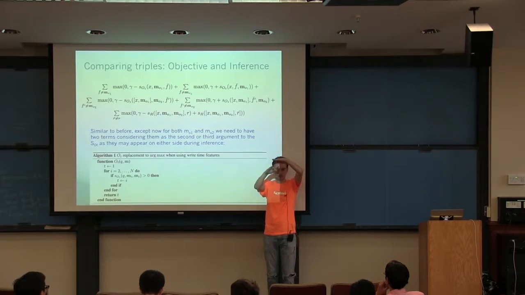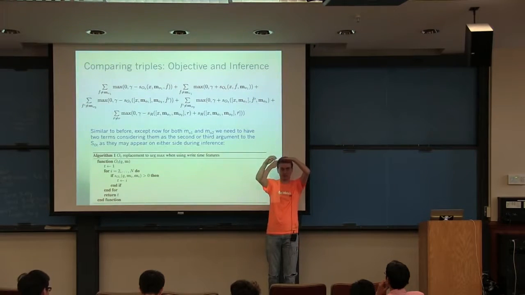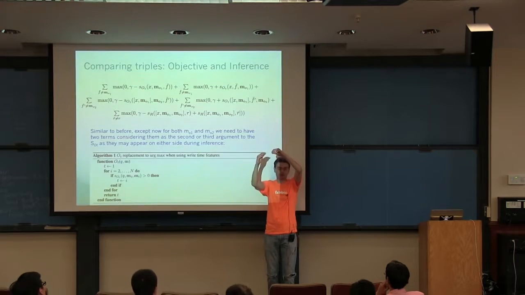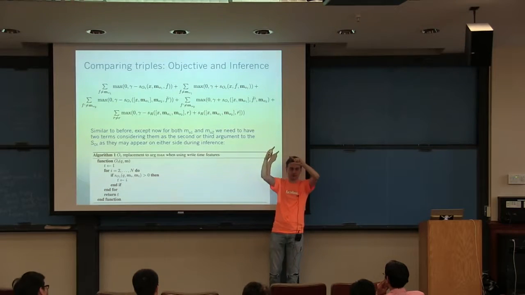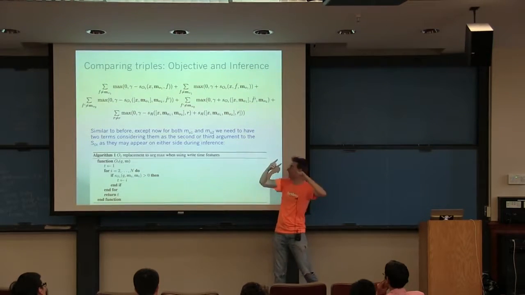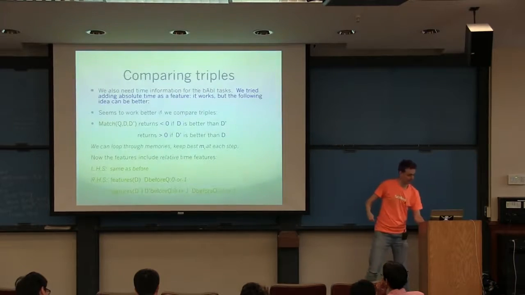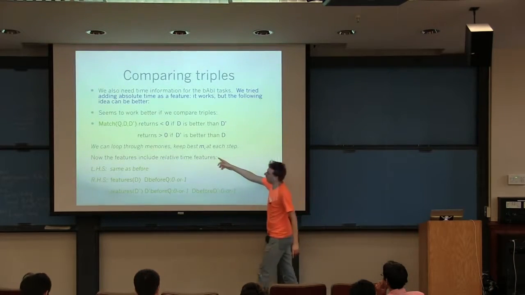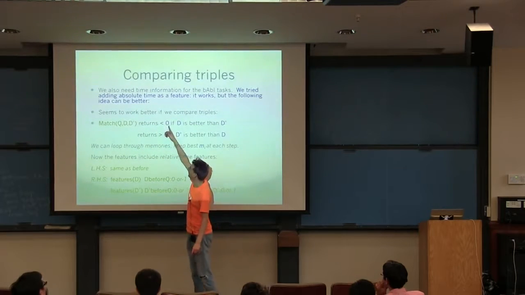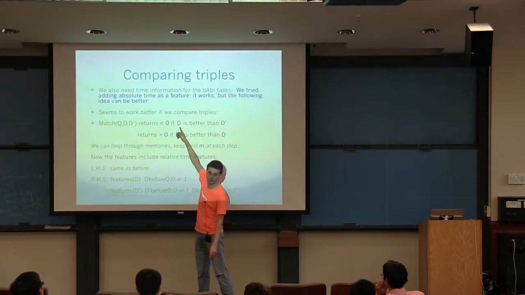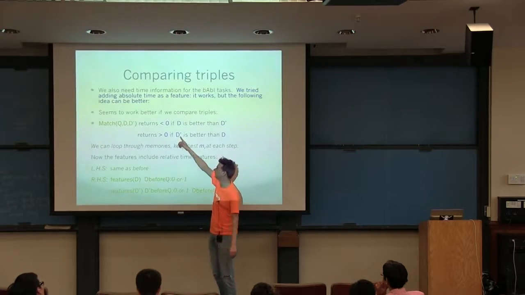You take all the possible memories, you start at the top, and say the first one's the current winner. Now take the second one, and the first two memories versus the question, so that's a triple. They battle against each other. When you go through this function that matches all three, Q, D, and D prime, we want the value to be less than 0 if D is the winner, and greater than 0 if D prime is the winner.